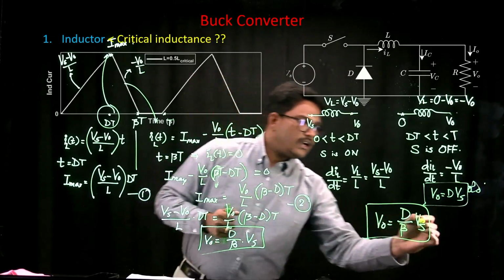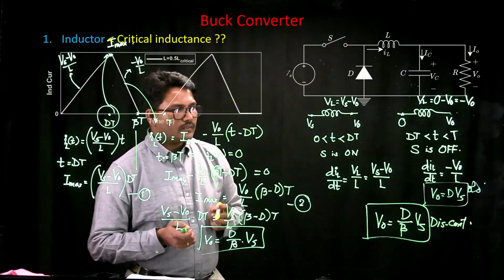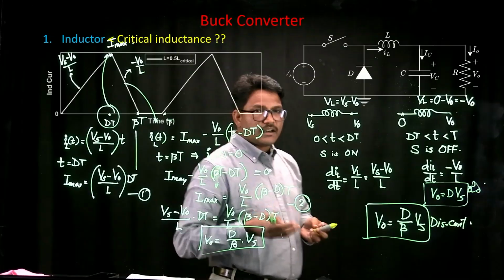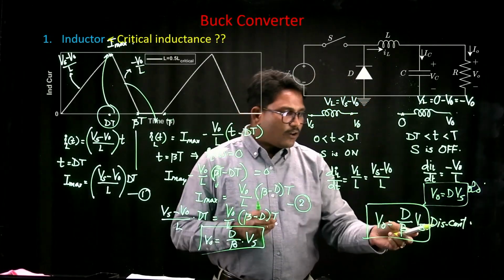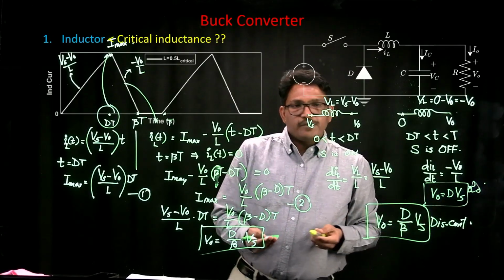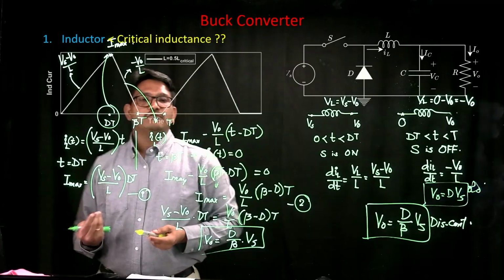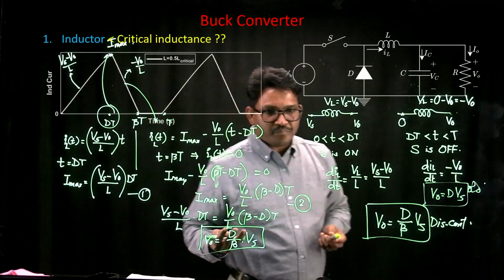This is for a discontinuous conduction mode. Now what is happening in the case of discontinuous conduction mode? It means the expression that we had earlier to get an output voltage that is d times Vs is no longer valid if you have selected a very low value of inductance, which is causing discontinuous conduction mode of current.